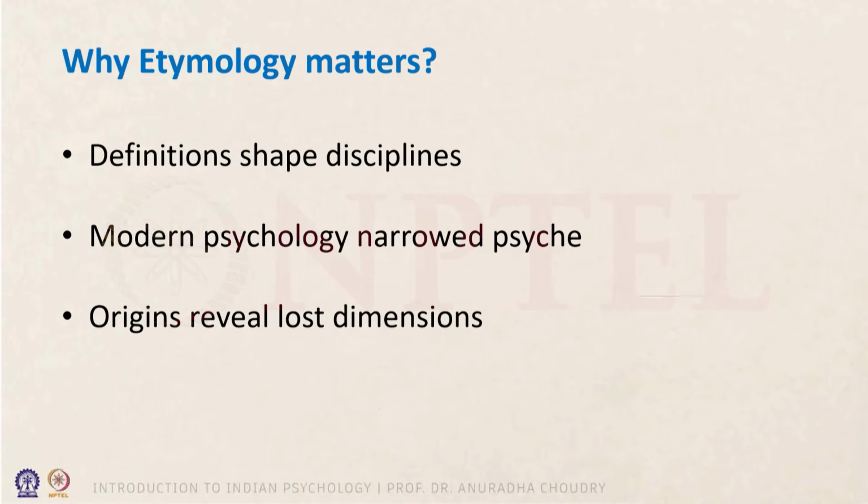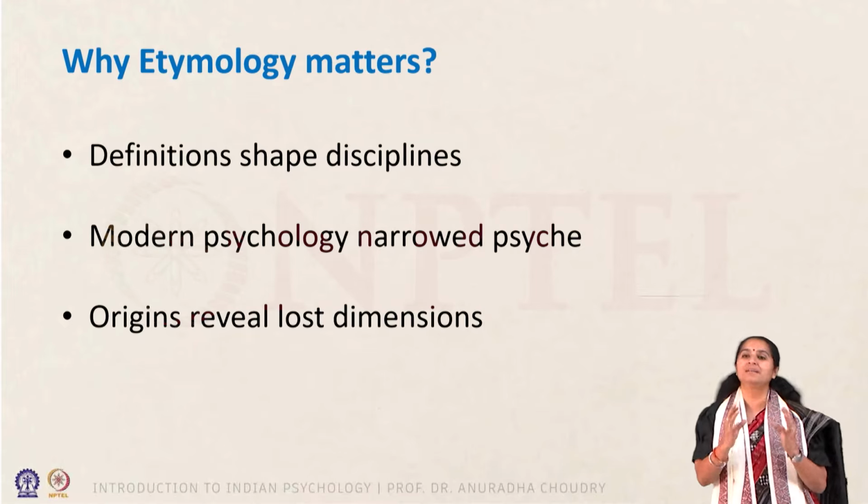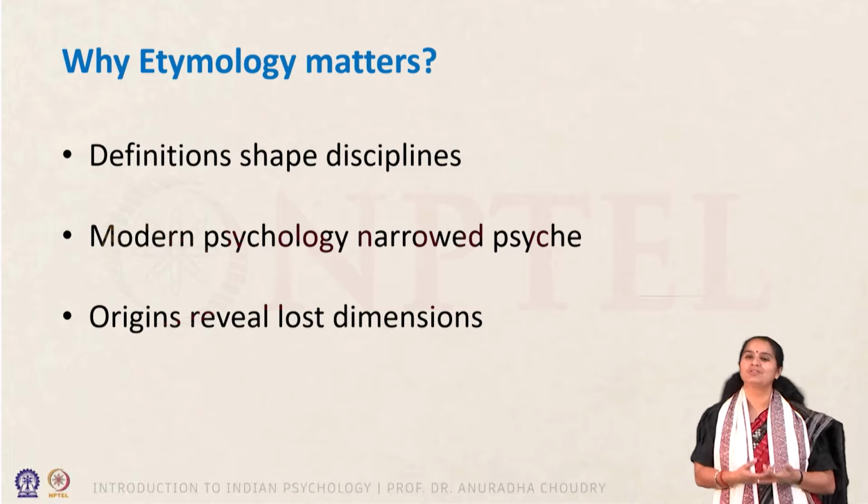So when we talk of etymology, we see that the understanding of the word literally shapes the definitions of that discipline. More so, modern psychology has reduced the understanding of the term psyche and therefore limited the scope that the word originally offered. Once we understand the origins, we see the lost dimensions that we need to tap into.